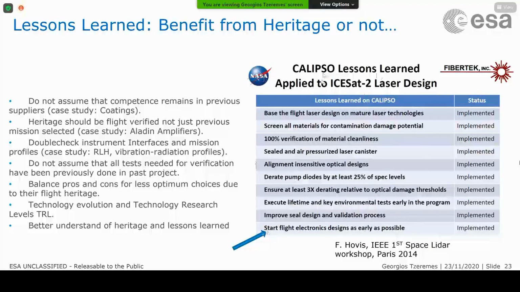And it's funny, because the last one is to start flight electronics design as early as possible, according to Floyd Hovis, my friend, who presented this in Paris. Sadly, they didn't, although they had this as a lesson learned, because the electronics caused delays in Calypso. Again, the reason that ICESat-2 was delayed was primarily the development of the electronics.